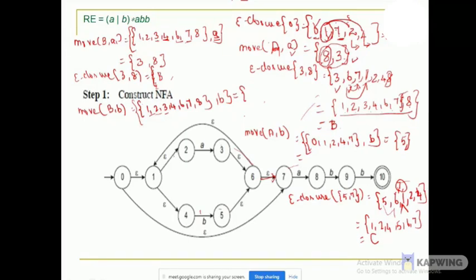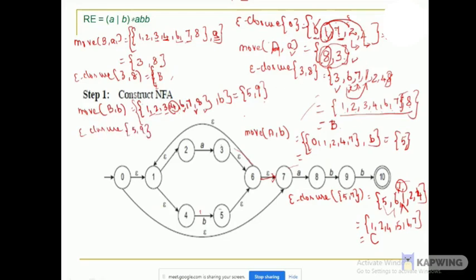No, ma'am. From the fourth state? Yes, ma'am, it's moving to 5. Right. 6, no. 7, no. From 8, it is going to 9. So we have to take the epsilon closure for 5, 9.